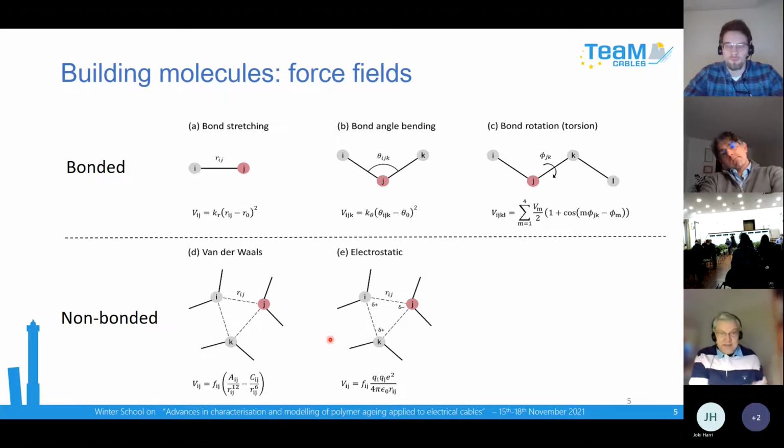So this is the set of terms that an interaction potential in a classical molecular dynamics simulation typically contains.